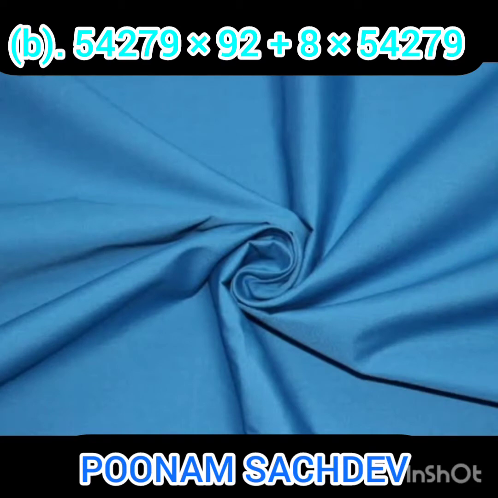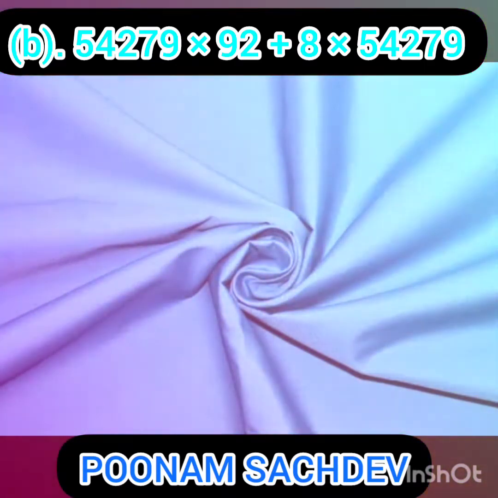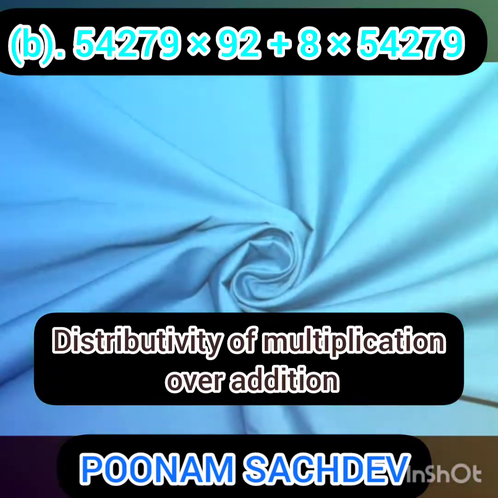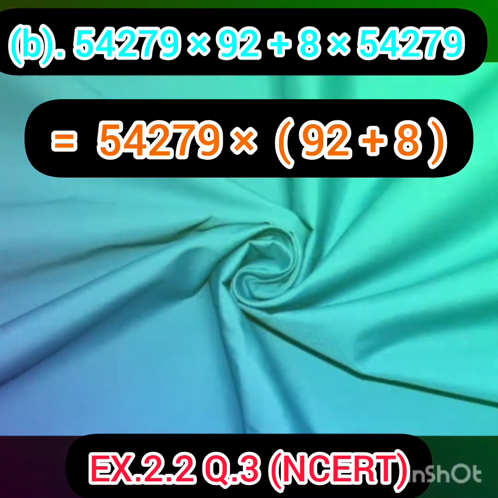B. 54,279 into 92 plus 8 into 54,279. Now, let's apply distributivity of multiplication over addition. Let's take out 54,279 common.